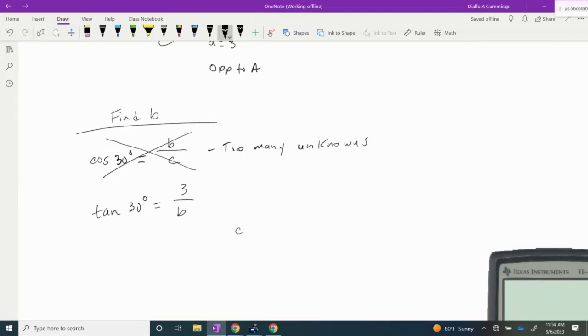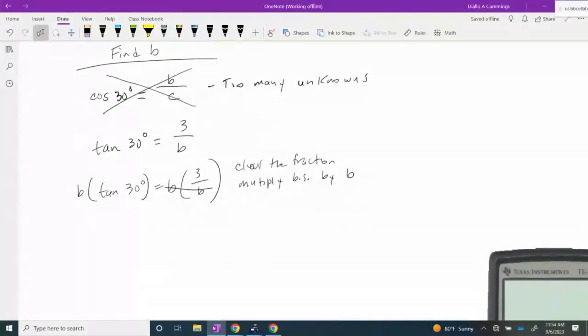I've got to get rid of the fraction, so I want to multiply both sides by B. I'm going to multiply the left-hand side by B and the right-hand side by B. On the right-hand side, the B's cancel. So B times the tangent of 30 degrees is equal to 3.